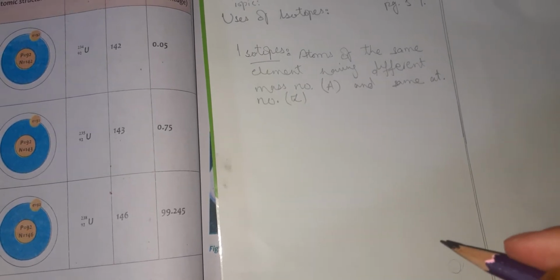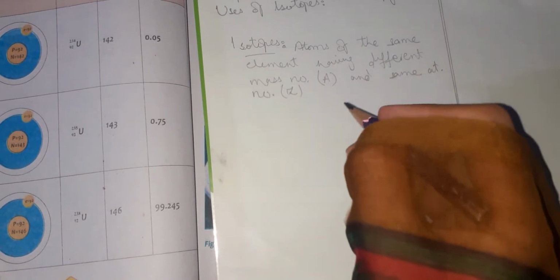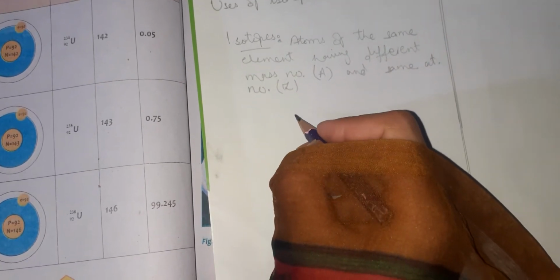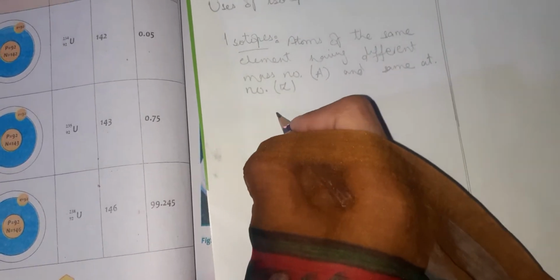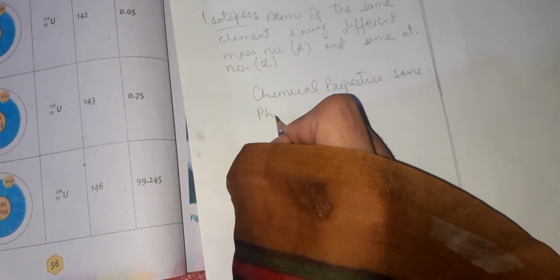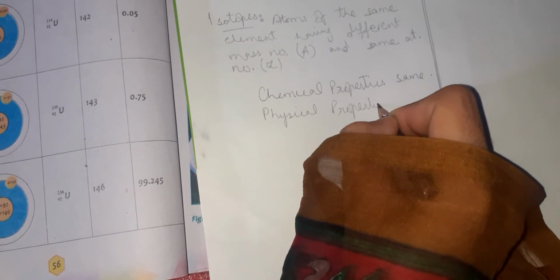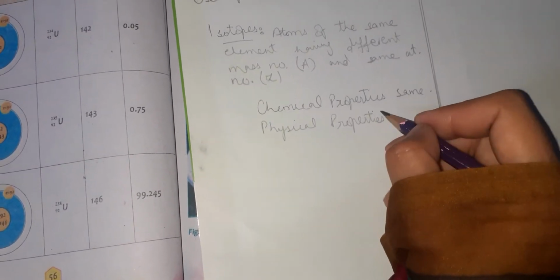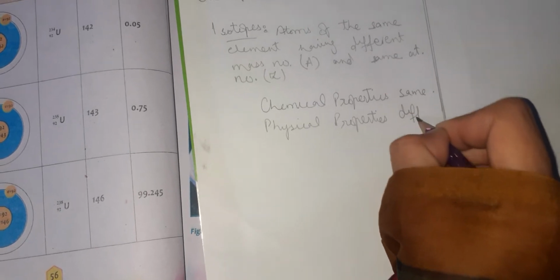And then what we came to know was that in isotopes the chemical properties of different isotopes of the same element are, of course, the same, whereas the physical properties of the same element of different isotopes are different.